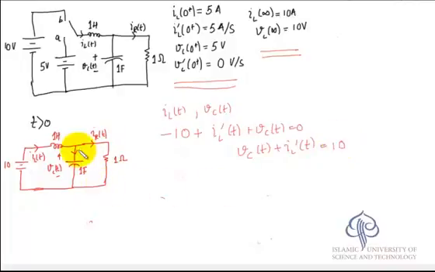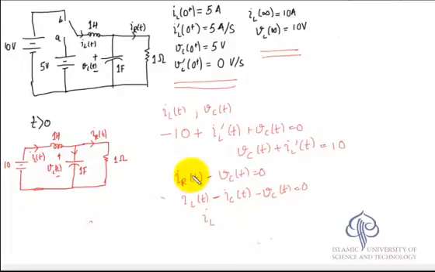And for the second mesh of the circuit, we can write i_R(t) into R, which is 1 ohm, minus v_C(t) equal to 0. And i_R(t), since it is not a variable in which we are interested, we can write as i_L(t) minus i_C(t), the current flowing in the capacitor, and i_C(t) is C dv_C/dt.